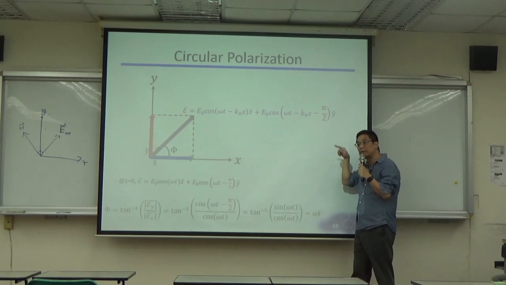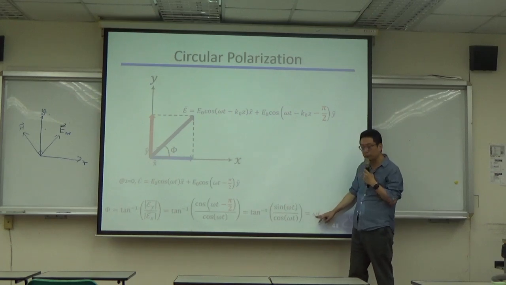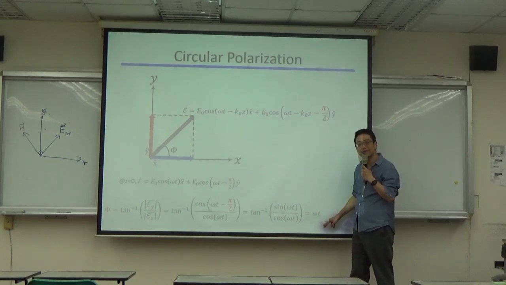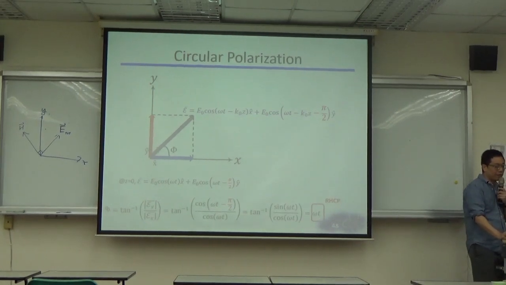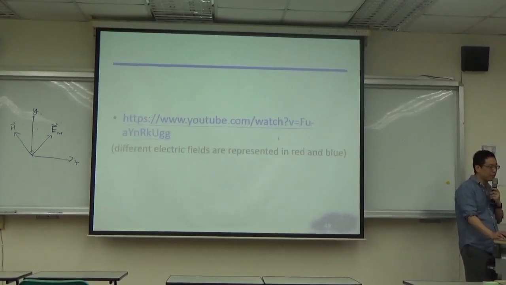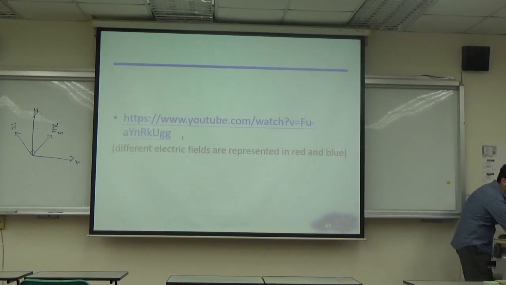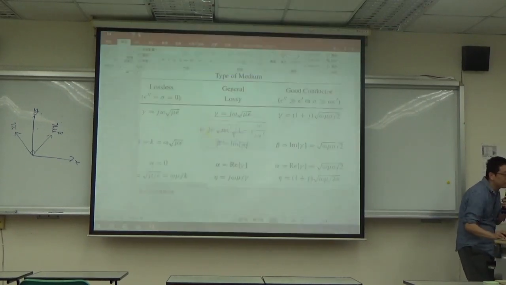Your final E field will be a circle because phi is changing with t. Can you imagine what happened here? And this is a right hand circular polarization. Let's see what happened here.